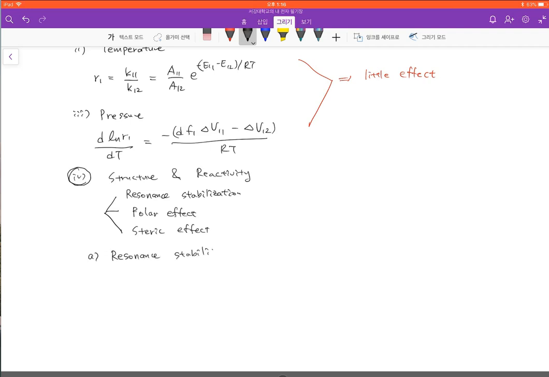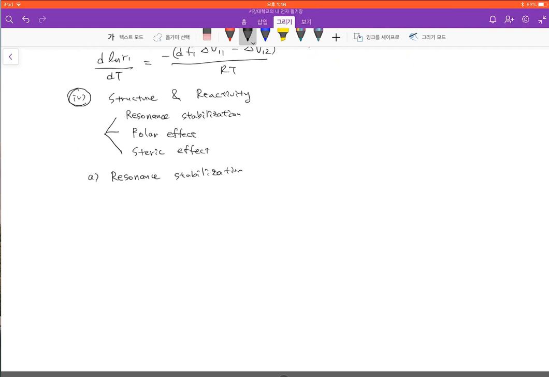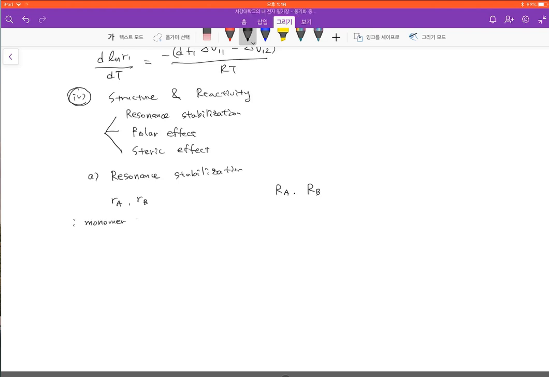We'll learn about these one by one in more detail. First, resonance stabilization. Before more detailed discussion, let's first define new variables, small ra and rb, and large capital RA and RB.